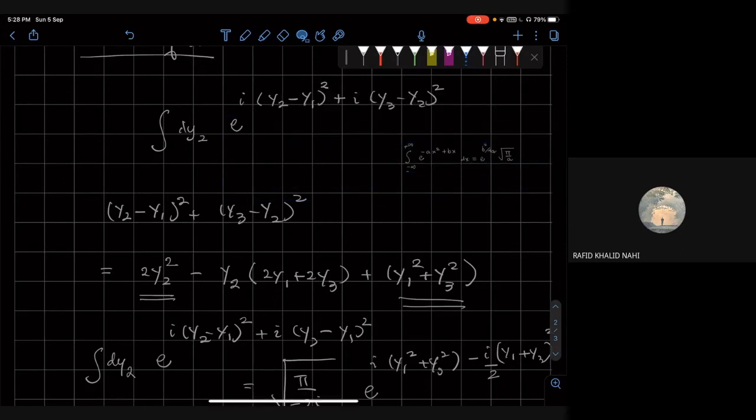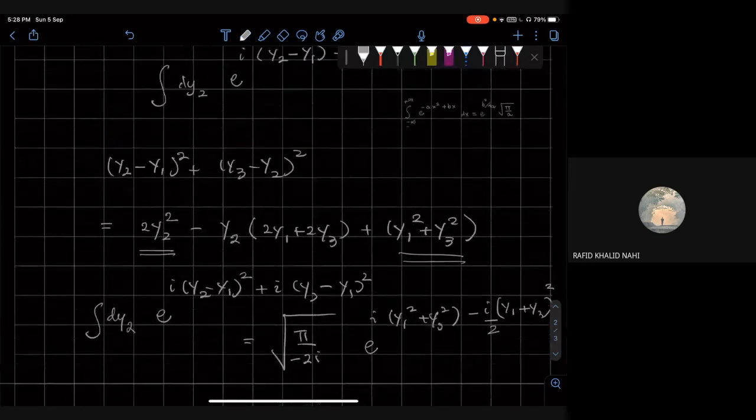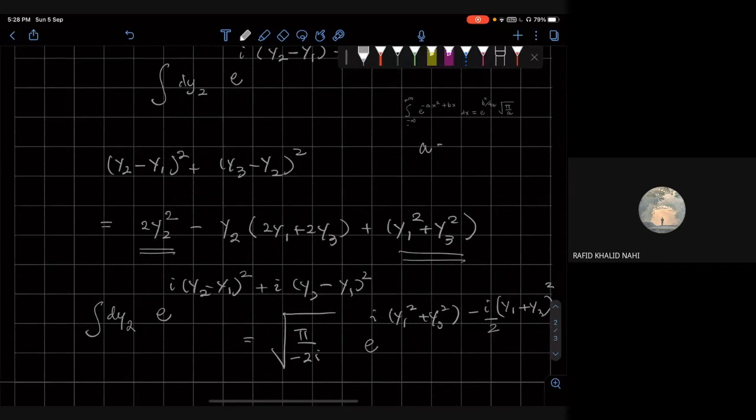Then we can see that minus a is i times 2, right? And b is going to be minus i times (2y1 plus 2y3).